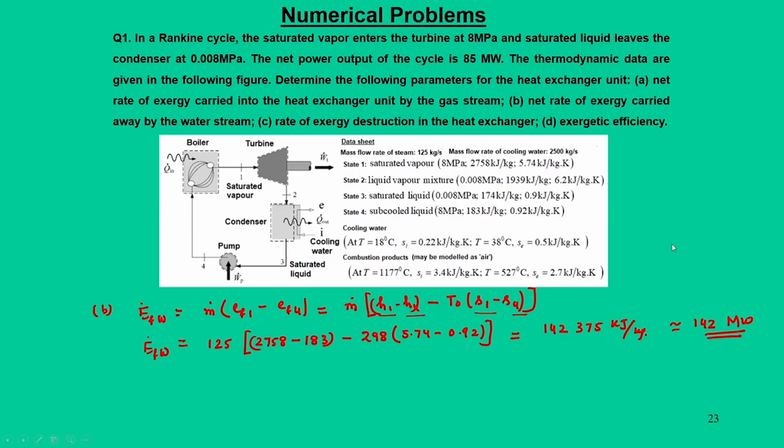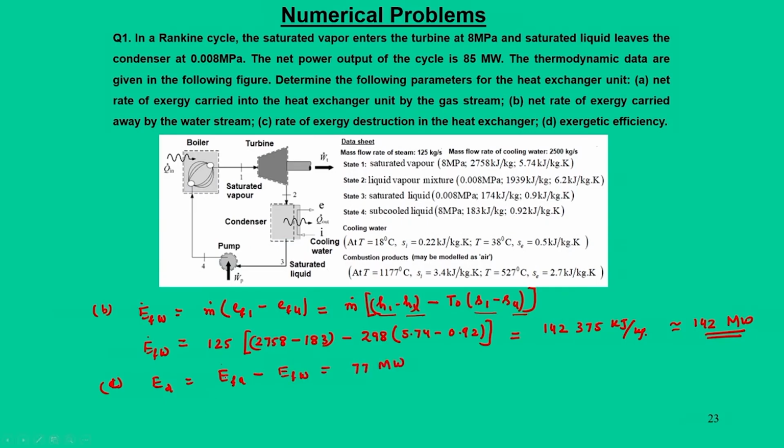Then from this we can find the exergy destruction, that is E F air minus E F water. The difference between these two is 77 megawatt.